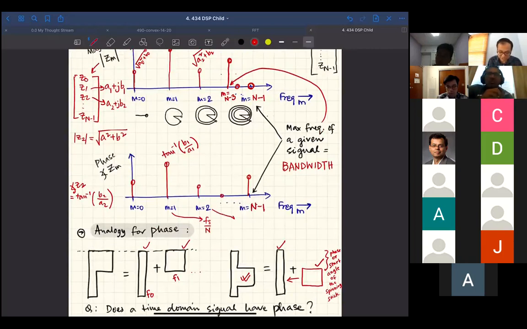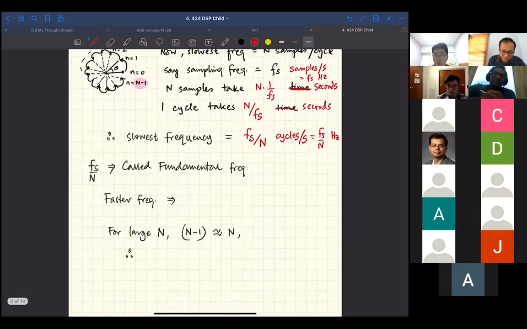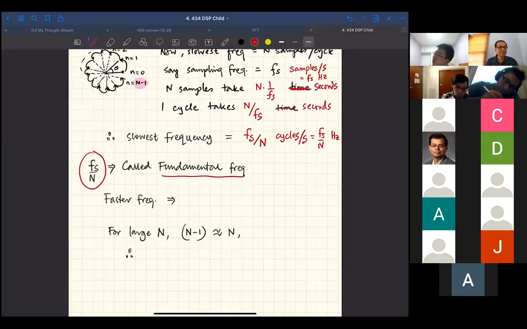This is twice of that, so that will be 2 Fs by n hertz. You agree? Because remember, the number of cycles per second is now integer multiples. So Fs by n is called the fundamental frequency, and faster frequencies are 2 Fs by n, 3 Fs by n, and so on.